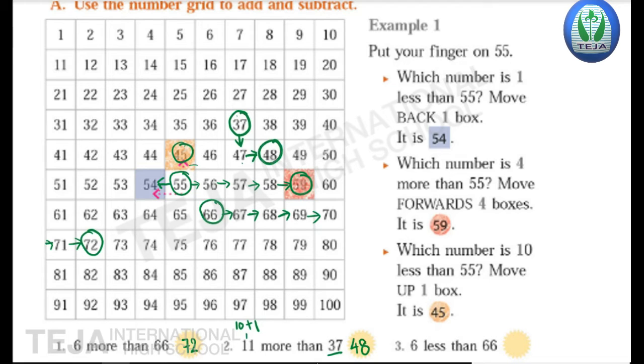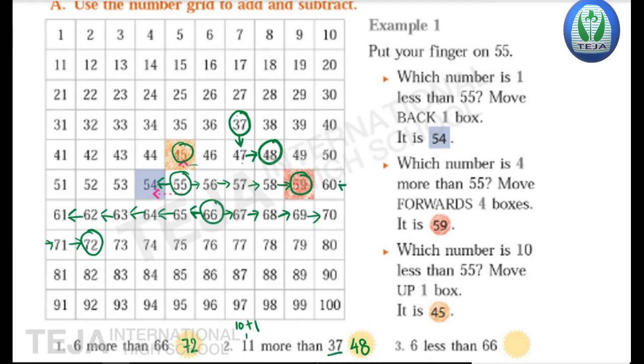Now next, third question, children. 6 less than 66. To find 6 more than 66, we have moved 6 boxes forward. To find 6 less than 66, we have to move 6 boxes backward. So that is, here 66 is there. 1, 2, 3, 4, 5 and 6.